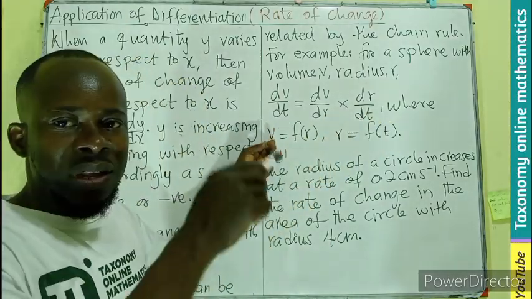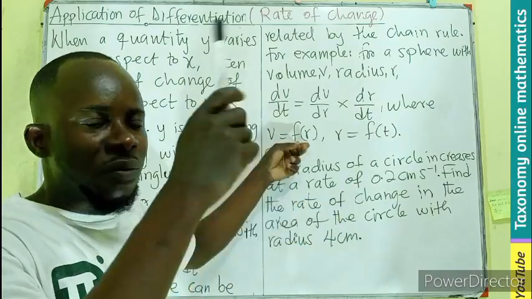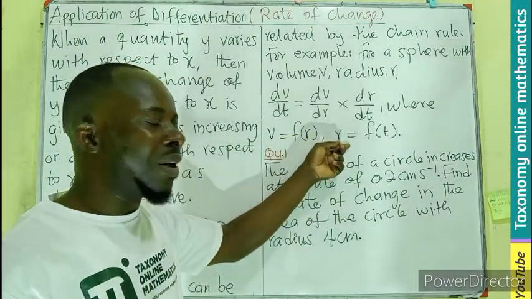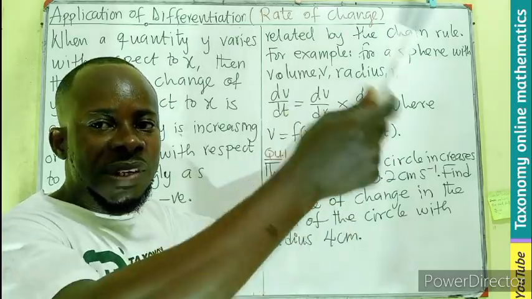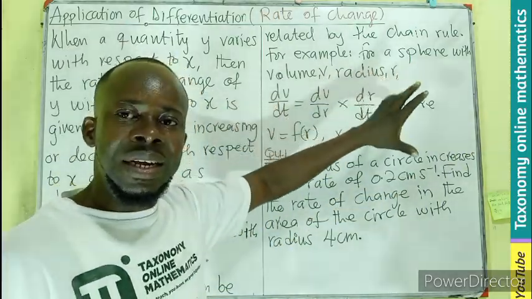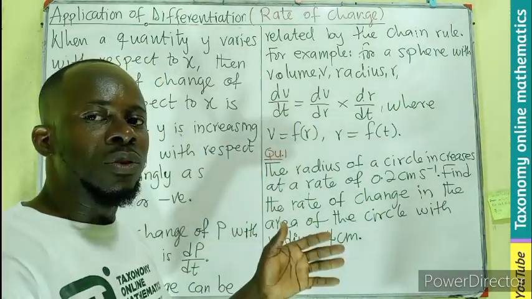V is a function of r, so we have dV/dr, and r is also a function of t, which is dr/dt. That explains the chain rule property. This is what we'll be using in rate of change.